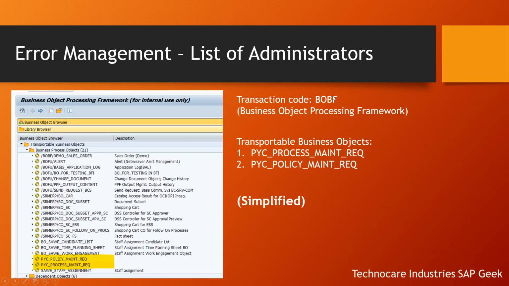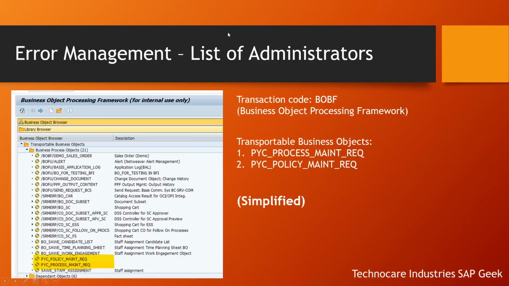In that there are two transportable objects, which are PYC process maintain REQ and PYC policy maintain REQ. Here we check the table under which we need to maintain the administrator. Basically we do it from a front end screen and it gets saved in this table.